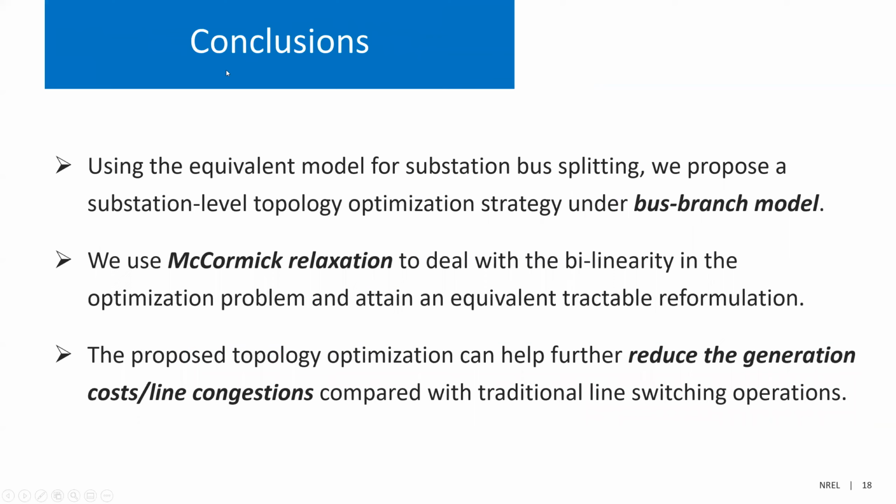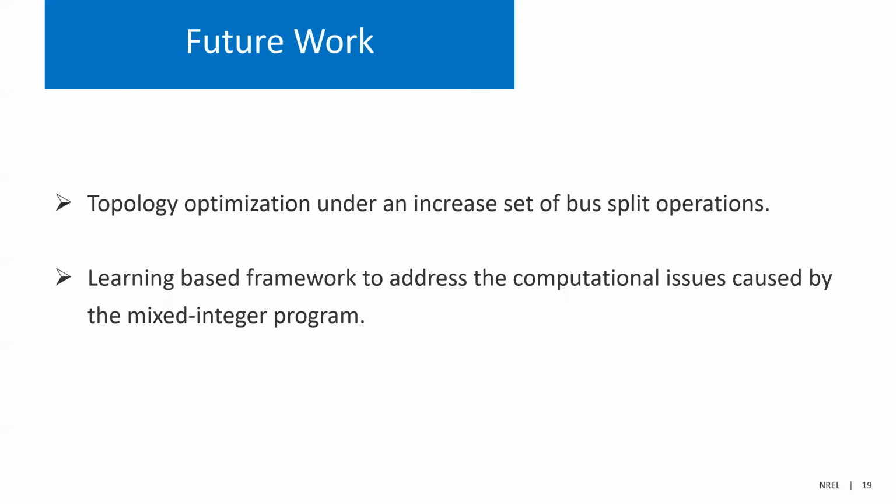And for conclusion, in this work, we used an equivalent model to give substation level topology optimization under the bus-branch model. To deal with the bilinearity, we further used the McCormick relaxation and attained a tractable solution. The proposed topology optimization framework can further reduce the generation cost and line congestions compared with the traditional line switching operations.